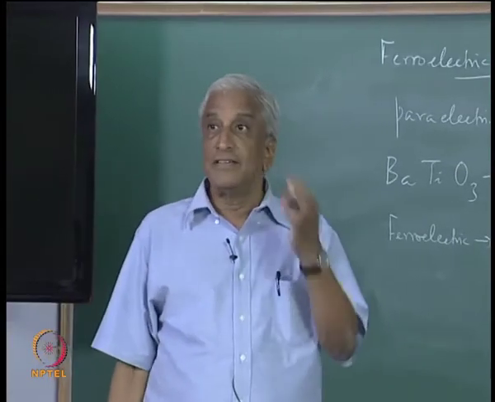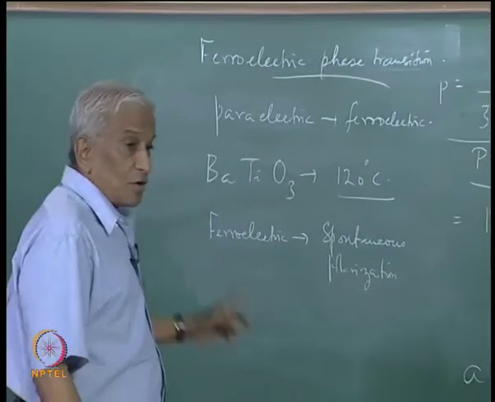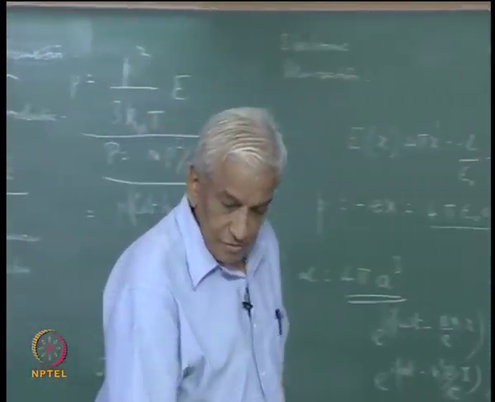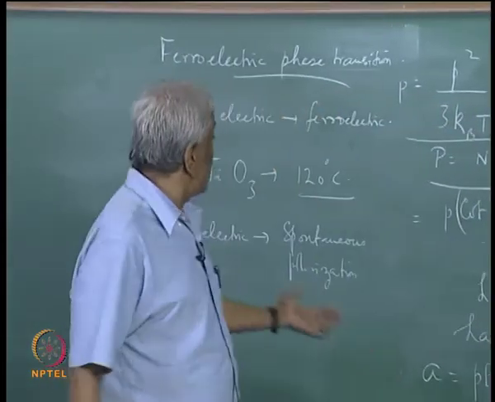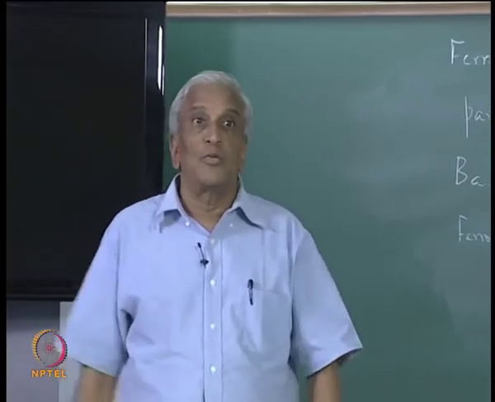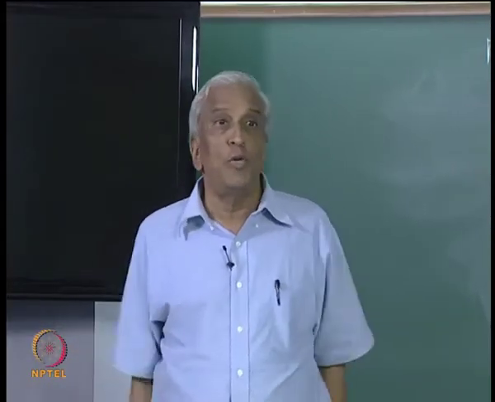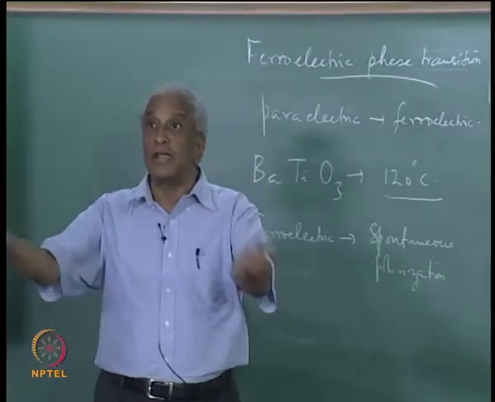A polarization is present even when there is no applied electric field. So, it is called spontaneous polarization. Ferroelectrics are materials which are characterized by the existence of a spontaneous polarization, whereas a paraelectric is one in which there is no spontaneous polarization and you need an applied electric field in order to create a polarization.